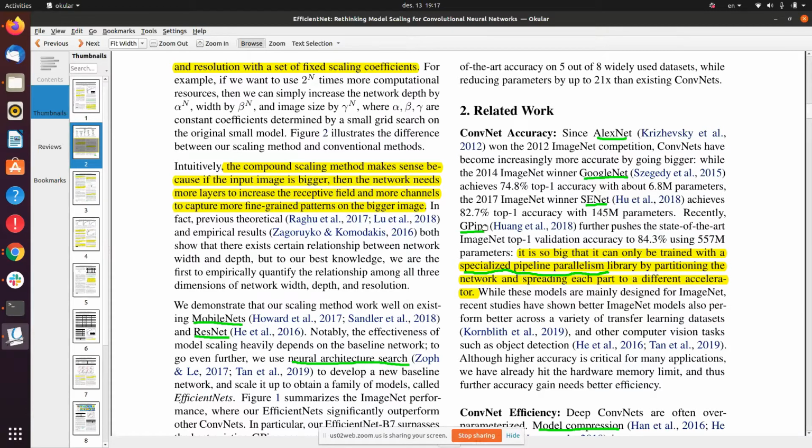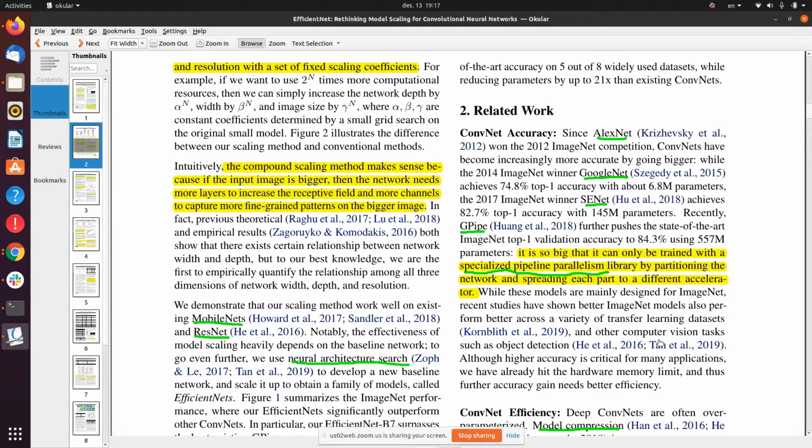Then GPipe is the one which again beat SENet. So like this, they have mentioned each and every stage, what are the good architectures that caused accuracy improvement.